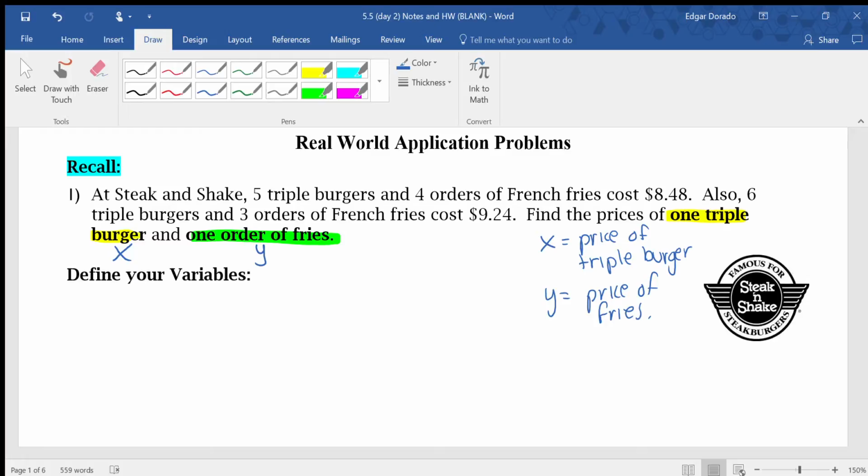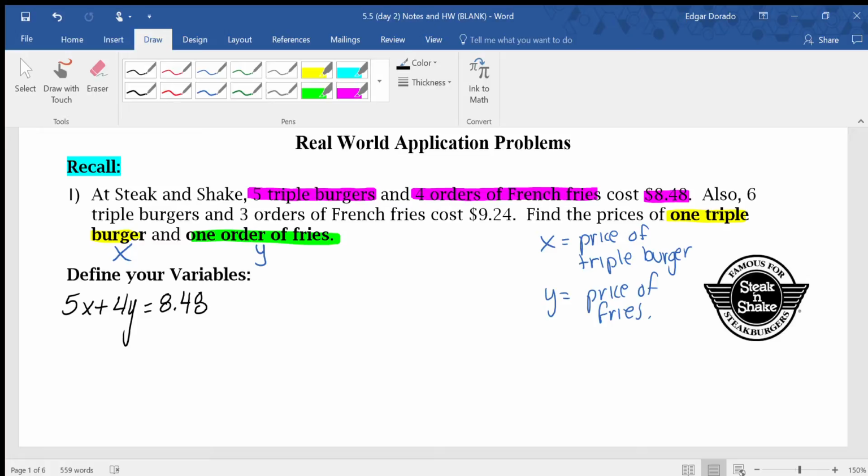That was the first thing we need to do. Once we do that, if you remember from last time, we have to identify the two equations that are being modeled here. So let's take a look at the problem once again. It says 5 triple burgers and 4 fries would cost $8.48. So right there we have our first equation: 5x plus 4y equals 8.48.